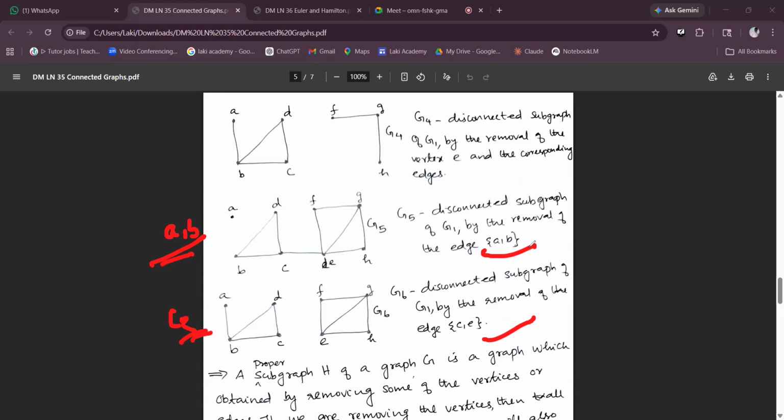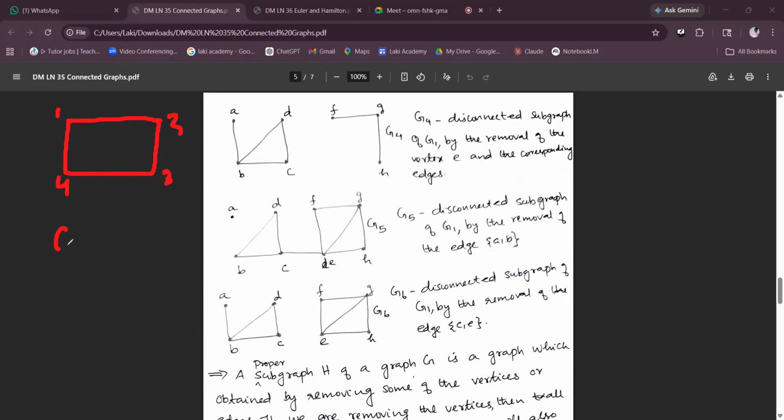Done. One, two, three, four. What are the cut vertices? No cut, right, because it's connected.